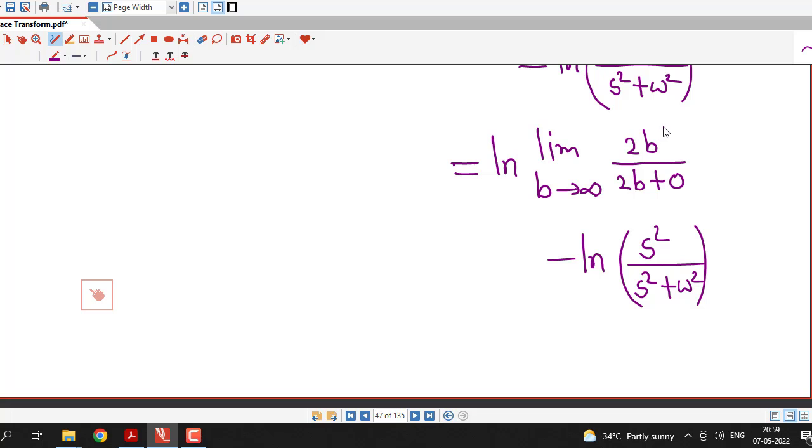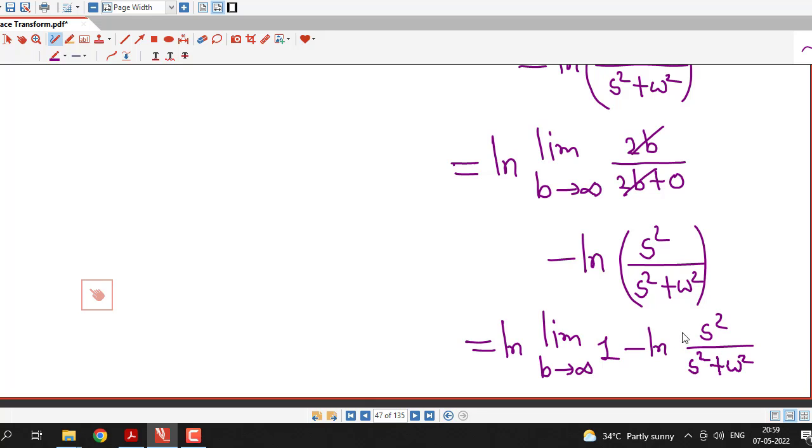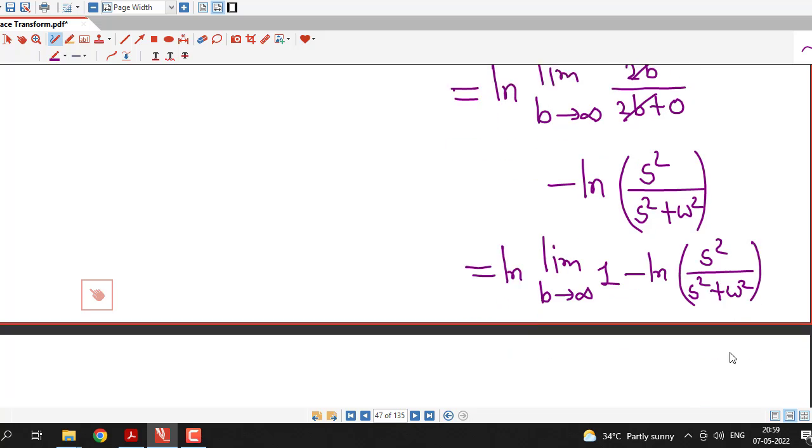Now 2b will cancel out, and we will have log of the limit of 1 as b tending to infinity, minus log of s square divided by s square plus omega square.